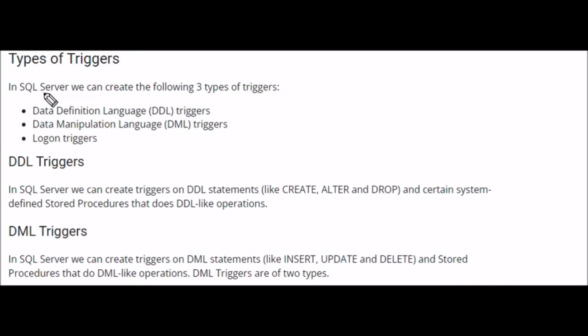Now we will explain the types of triggers. Three types of triggers are used here. First, data definition language, DDL triggers, which cover create table, alter table and drop table.